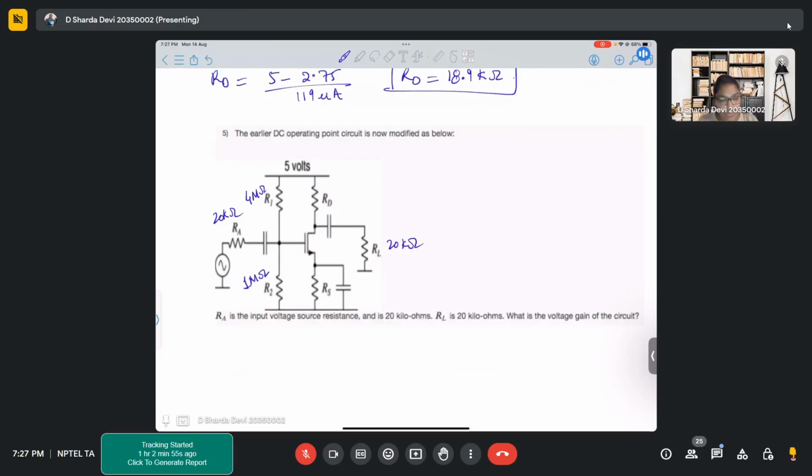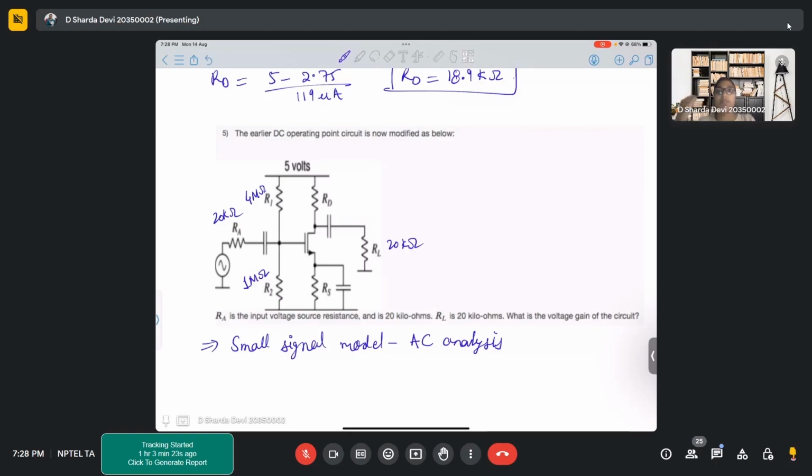Now, first of all, how do we find the voltage gain? With the small signal model. When we say gain, that is for small signal. So when we say small signal model, that means AC analysis. What will be the speciality of AC analysis in this particular circuit?